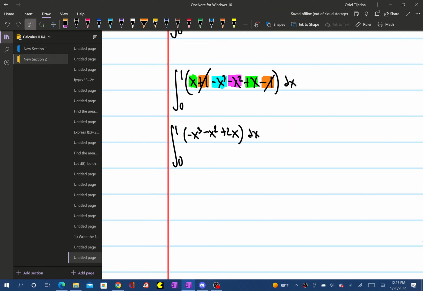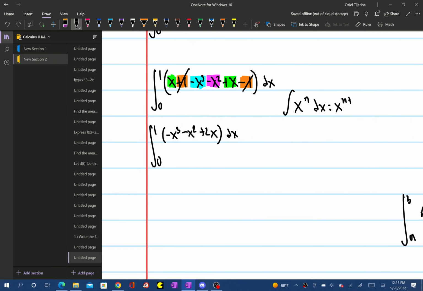So we're going to, again, use the power rule, so x to the n is going to be x to the n plus 1 over n plus 1. So we're going to do negative x to the 3 plus 1 over 3 plus 1, minus x to the 2 plus 1 over 2 plus 1, plus 2x to the 1 plus 1 over 1 plus 1.